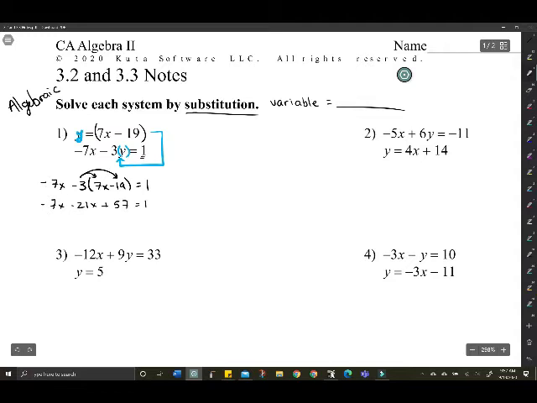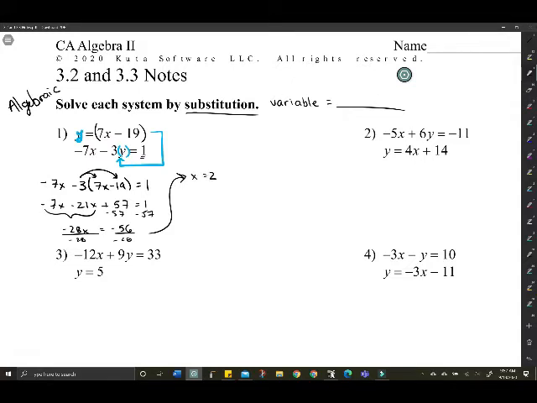equals 1. Combine like terms, so negative 28x, going to subtract the 57, and hopefully this stuff is pretty easy to recall from here. And then divide by negative 28. When all is said and done, you should have x is equal to 2. And then, you're not done just yet.